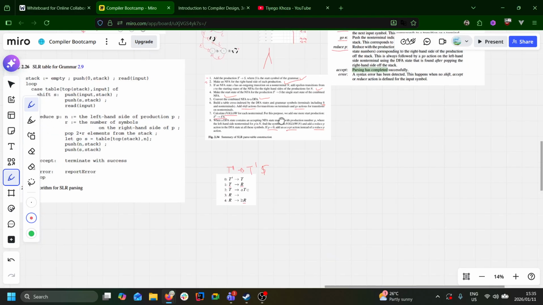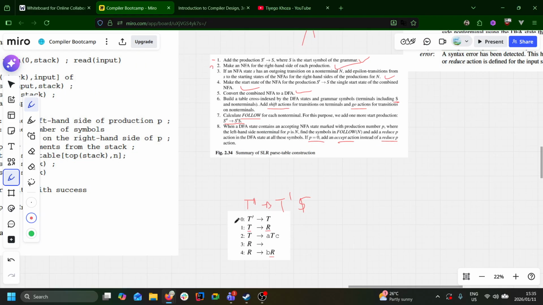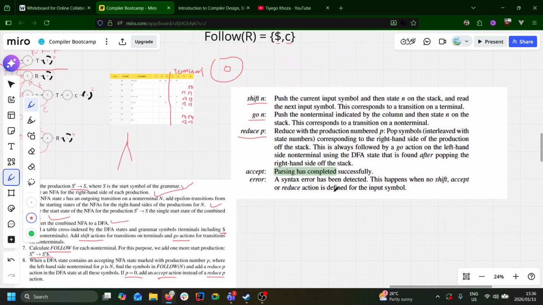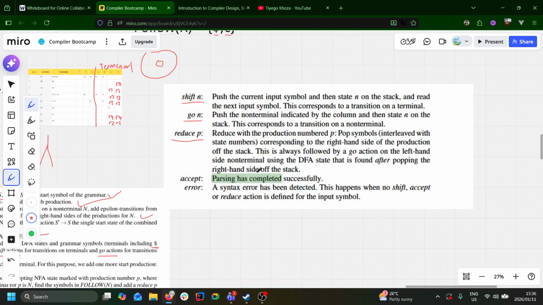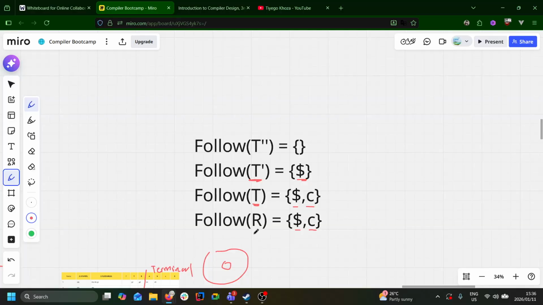You choose at the beginning which one is the start rule, but it's almost always the rule you just added, S prime equals S, which is this one over here. So it doesn't have to be 0; it's whatever rule is the start rule. In our case, it's S prime produces S, which is always 0. So wherever we reduce to 0, we accept.